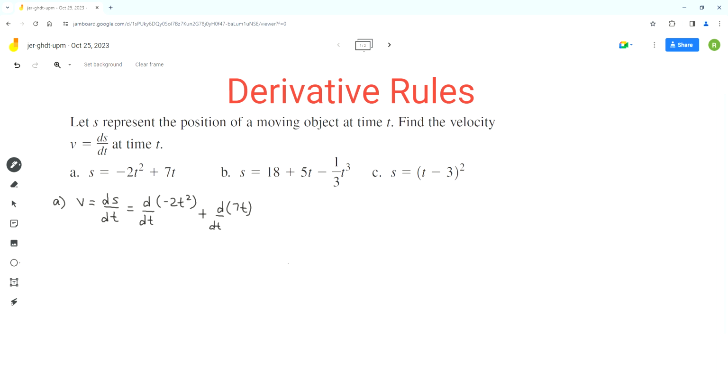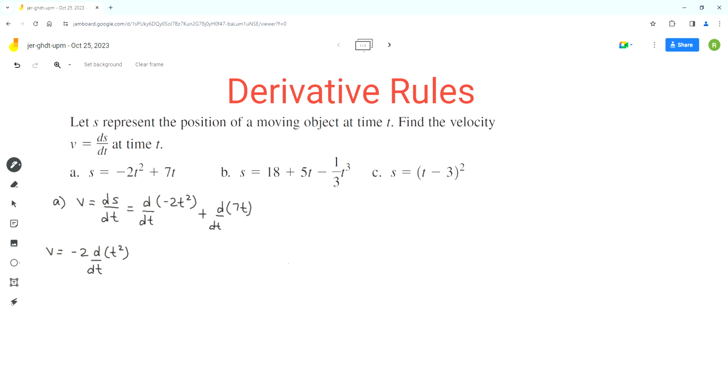Now we have to simplify the terms. So we have to find the derivative. We can rewrite this as v equals. Now in the first term, the negative 2 is the coefficient, so we can move it to the front and rewrite this as the derivative of t squared over dt.